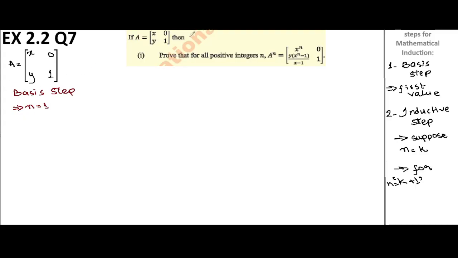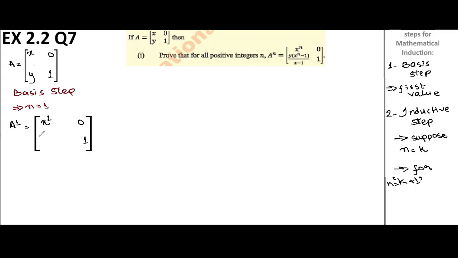Now putting this value of n in this given equation, A raised to the power 1 equals x raised to the power n, and here x raised to the power n will change into x raised to the power 1 because n equals 1.